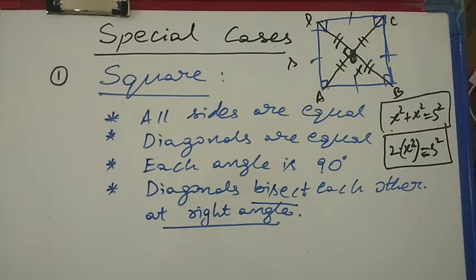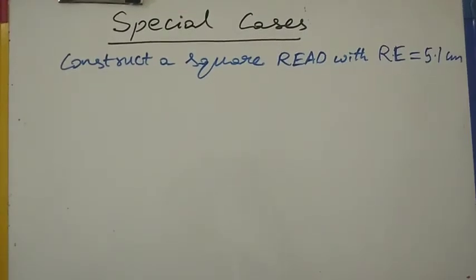If I am given to construct a quadrilateral of the type square, one measure of the side is enough to construct it, okay, one measure is enough. Let us go for constructing it. Students, here we are given to construct a square named READ with one of the side RE being 5.1 centimeter.